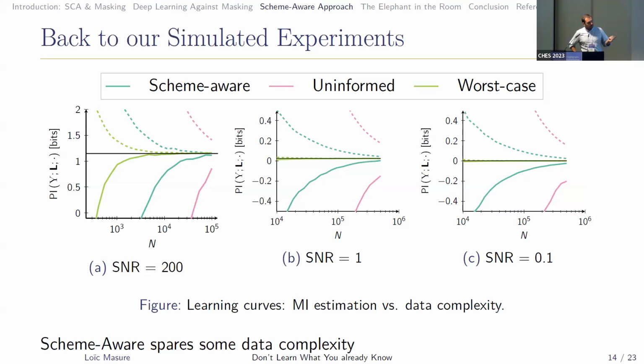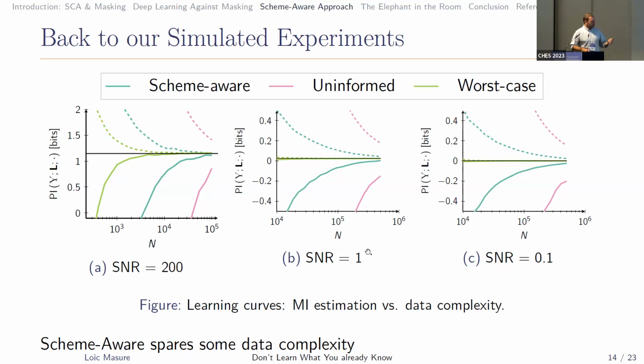So let's look at the outcomes in simulated experiments, for example. We can still see the convergence, the learning curves, which show the amount of information you can extract depending on the number of profiling traces at your disposal. You have the fastest convergence for the worst case adversary, which is naturally the most powerful adversary.